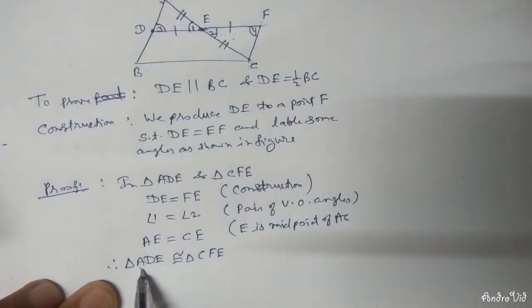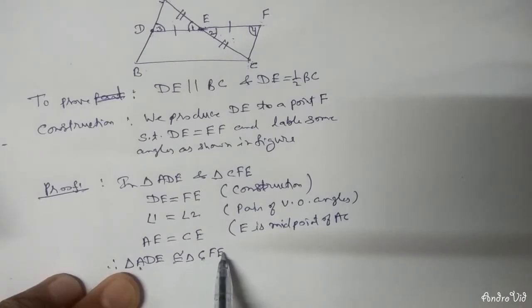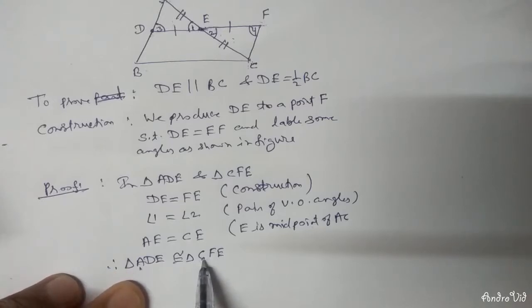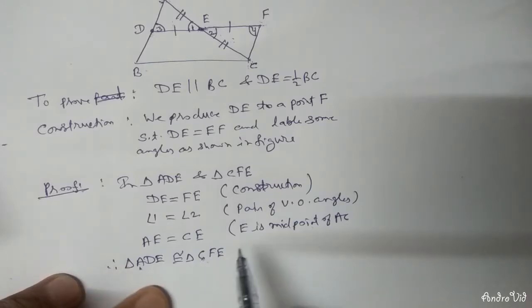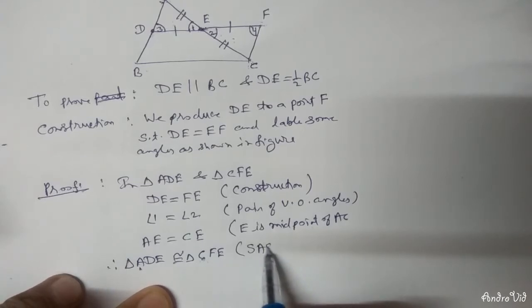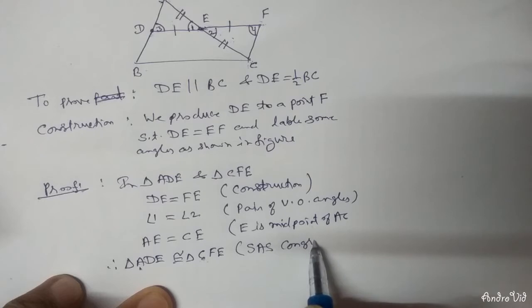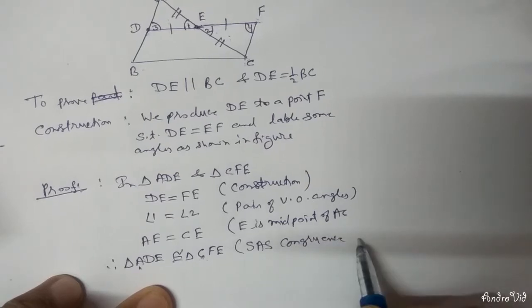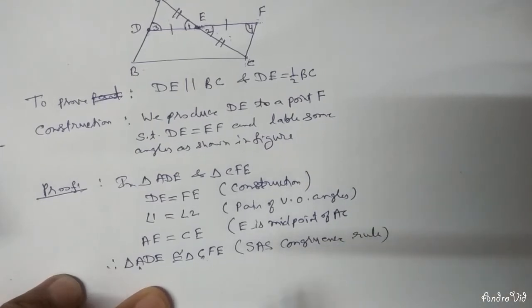Name of the first triangle we can write in any order. Every vertex of the second triangle should be written in place of corresponding vertex of the first triangle. So these triangles are congruent. Why? Because we used SAS congruence rule or criterion.